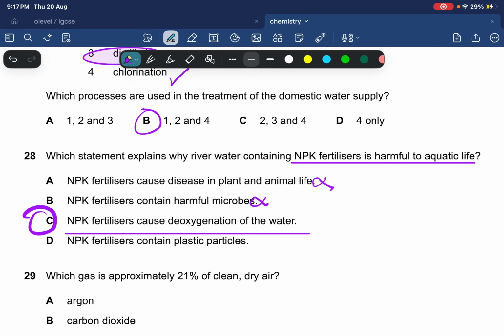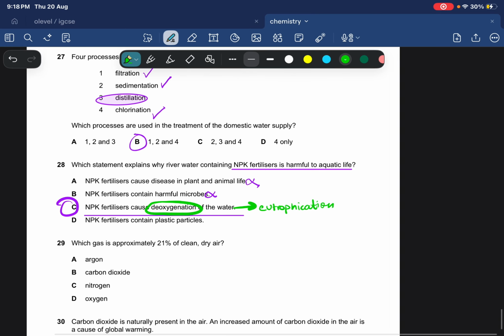Look, all the options were quite intriguing, but you had to realize that we're talking about the deoxygenation of water that happens in eutrophication, because it's going to cause excessive algae growth, and if excessive algae grow on the surface of water, they're going to die, and then bacteria are going to decompose them. So the bacteria use up the oxygen, and that causes a lack of oxygen for the remaining organisms in water. NPK fertilizers contain plastic particles. No, they don't.